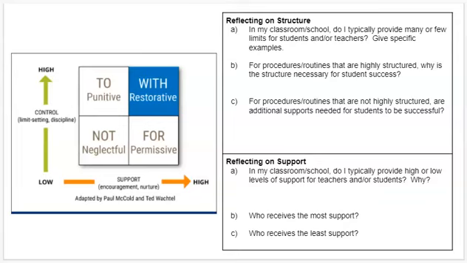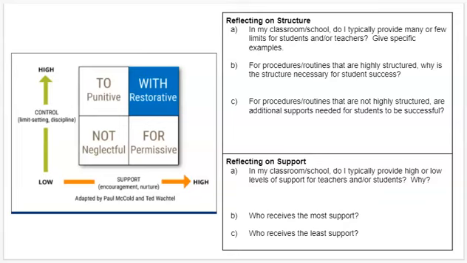You will do this. So take a minute again, pause the video if you need to. Think about those procedures that are highly structured. Why is that structure necessary for student success? Reflect on that first.